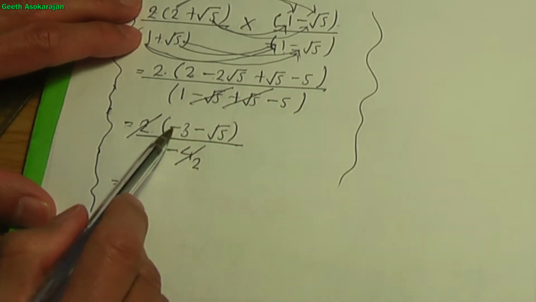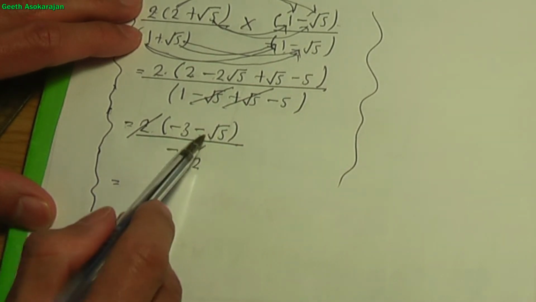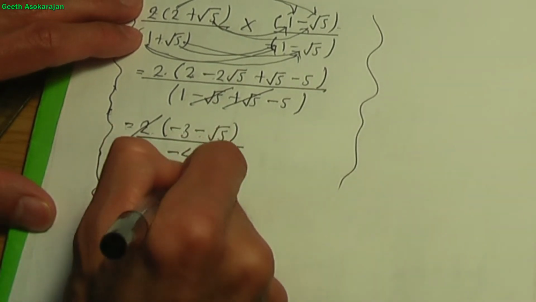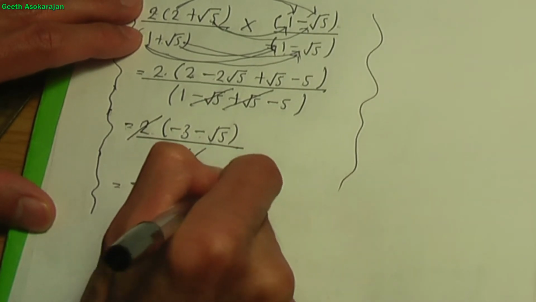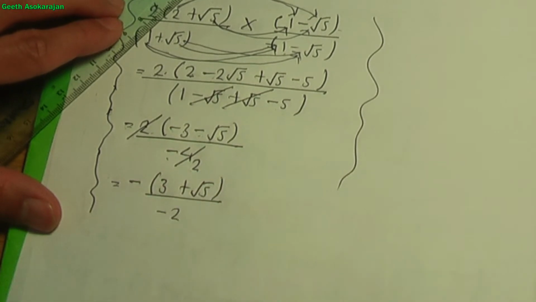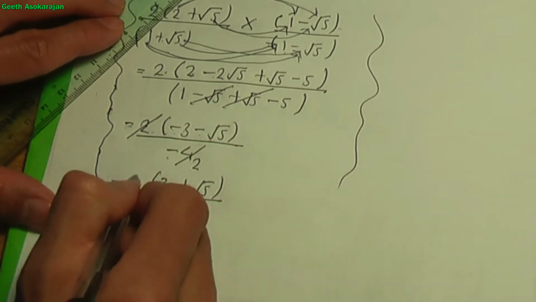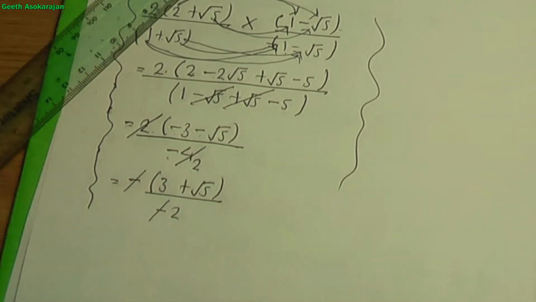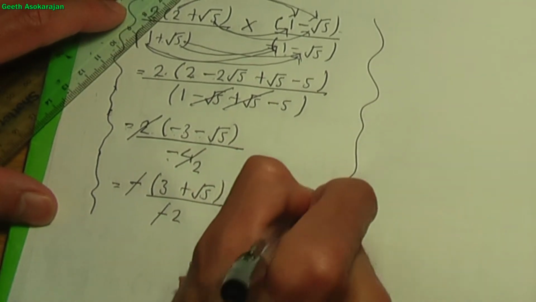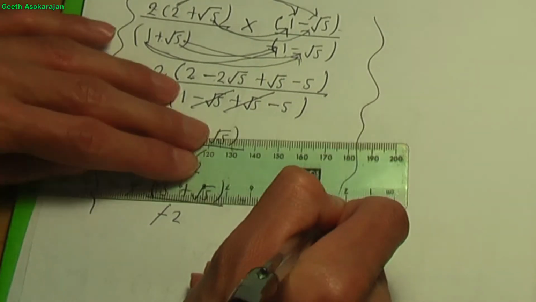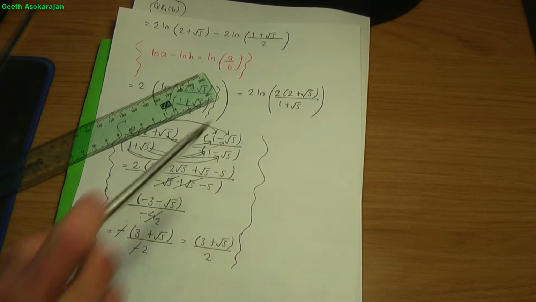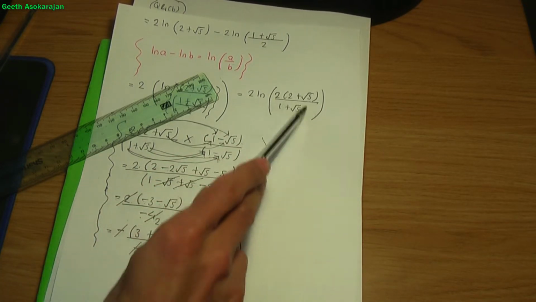And if we take a minus common factor from the numerator, leaving me with 3 plus root 5 over the minus 2 below, you can then cancel the 2 minuses, leaving us with 3 plus root 5 divided by 2. So that is what you should have when you simplify the argument here.